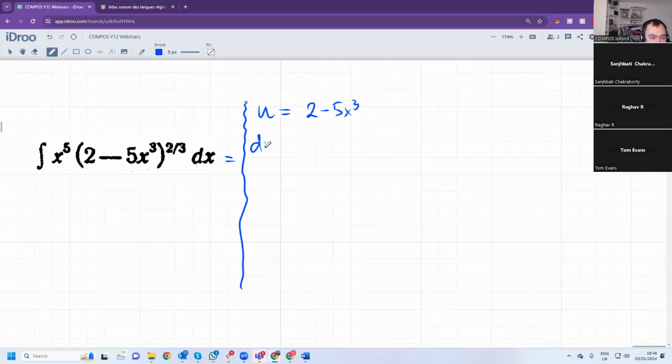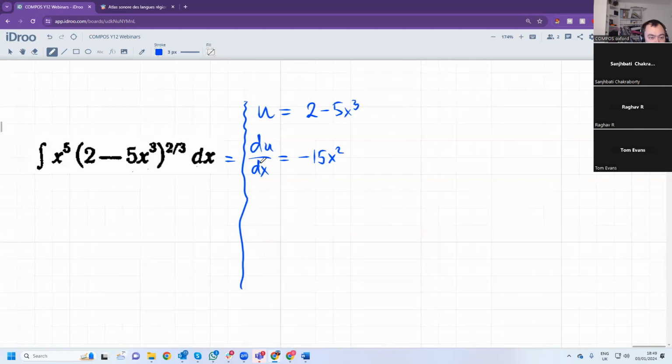I differentiate du over dx, because I need to replace dx as well. So du dx is minus 15x squared.